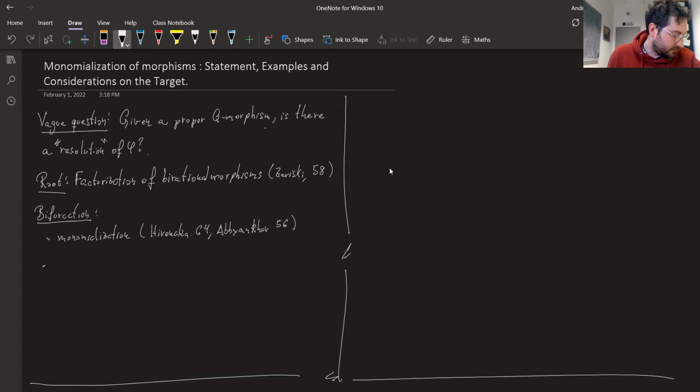You have the notion of development of what is called semi-stable reduction, which goes back to work of Deligne and Mumford around the 70s.